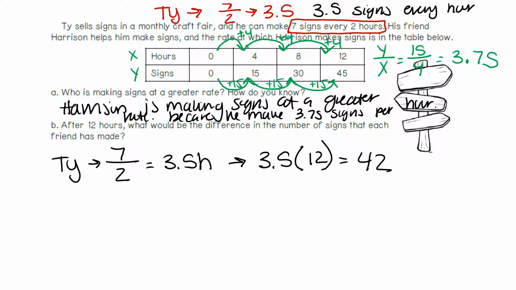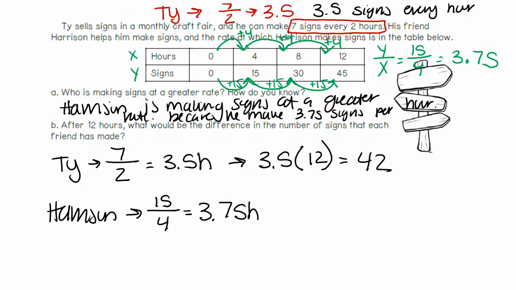Ty's going to make 42 signs. For Harrison, Harrison's making 15 signs every 4 hours, and like we said, that's 3.75 signs an hour. So we can multiply 3.75 times our 12 hours, and we get 45 signs.